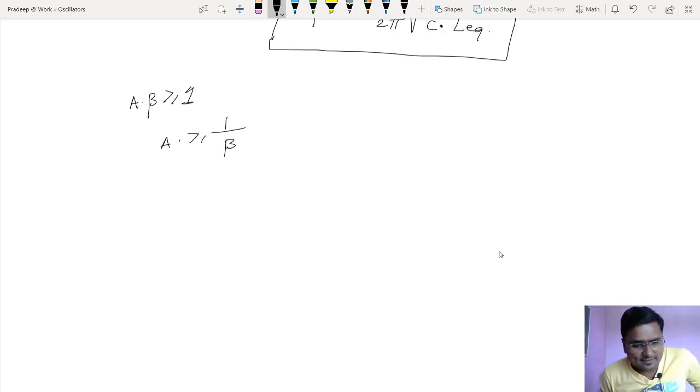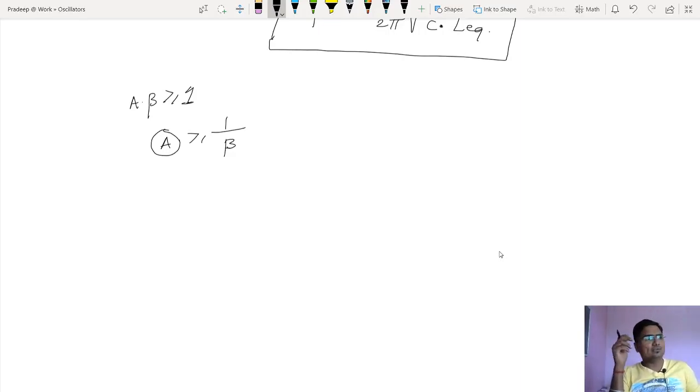Now to satisfy Barkhausen's criteria, first I need to calculate the value of beta, is it? Because the gain of the amplifier, that is A, I can calculate easily because it is just a transistorized or BJT common emitter amplifier. So it is possible for us to calculate A. What about beta?